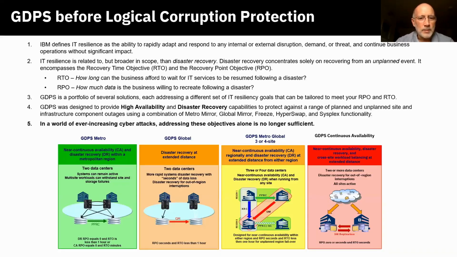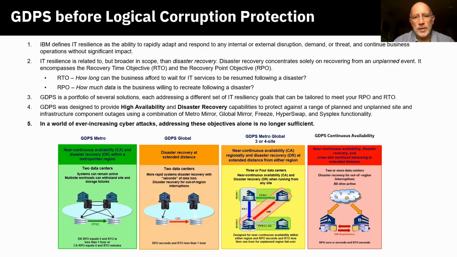But before we talk about the logical corruption protection solution that is delivered with GDPS, it's worth reflecting a little on where GDPS came from, its origins, if you like. It was largely developed to address what are commonly known as the RTO and the RPO, the recovery time objective and the recovery point objective that clients stipulate in terms of the availability of data, either in their local region or in a multi-region disaster recovery solution in their recovery region.